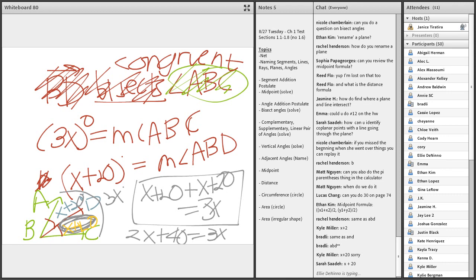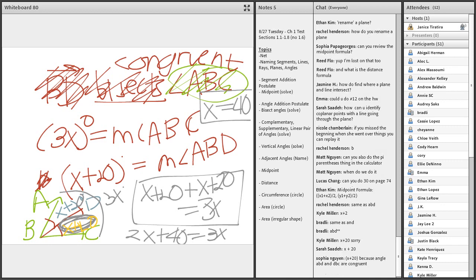Oh my gosh, the numbers came out right. So x equals 40. So if you had to find all the angle measurements, the measure of ABC, the big one, is 120 degrees. So 3 times 40, 120 degrees.